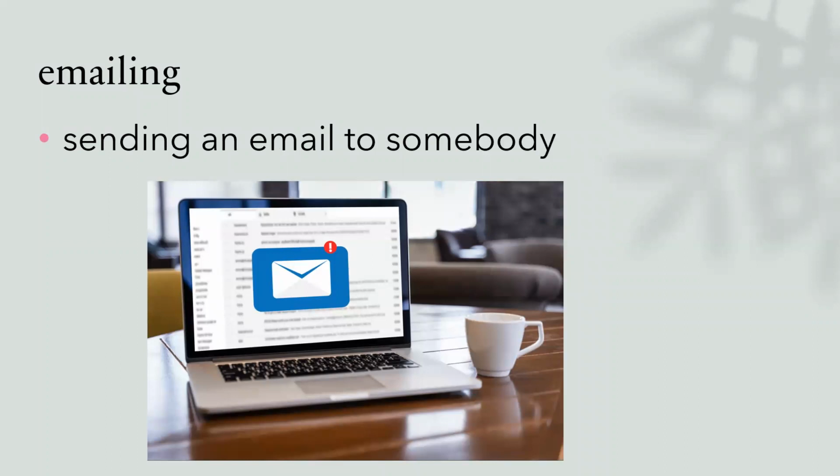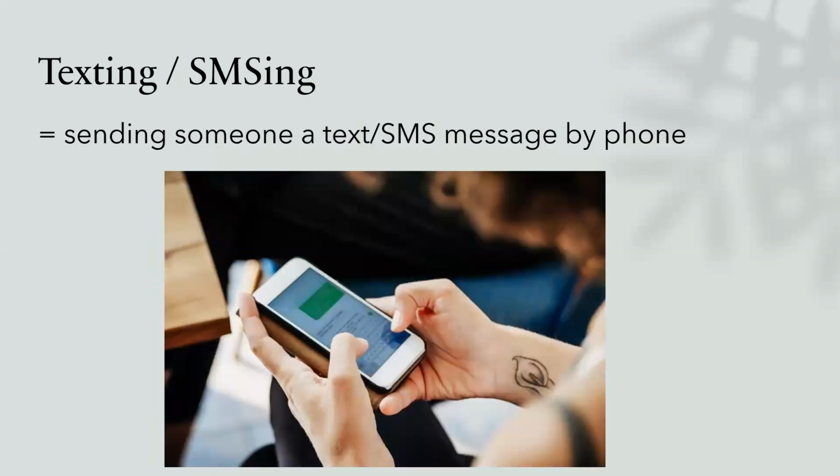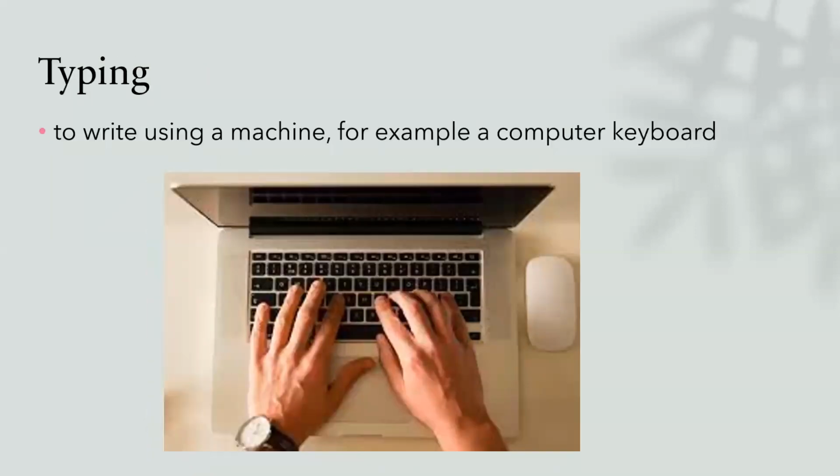Do you write emails to somebody? No, probably. And do you use smartphones to send SMS messages? Of course. Okay. I think that everyone uses this, but you are a little bit shy to say it.